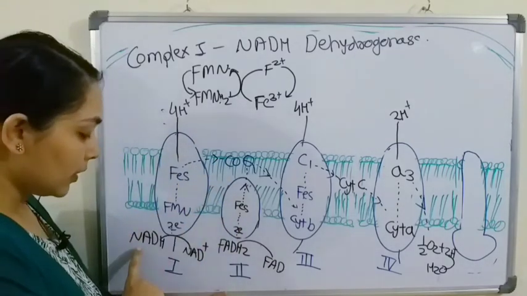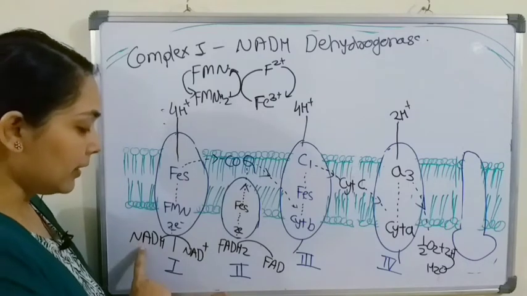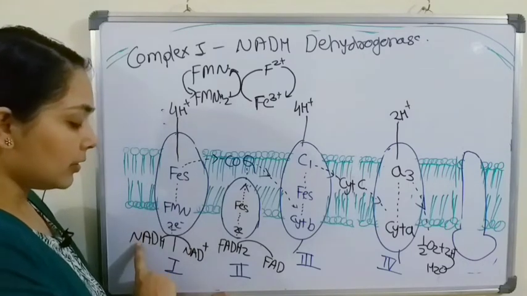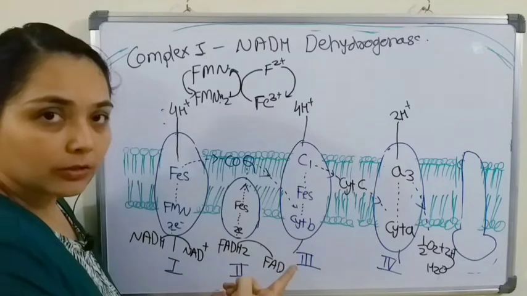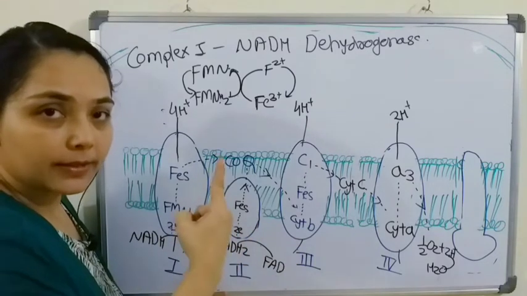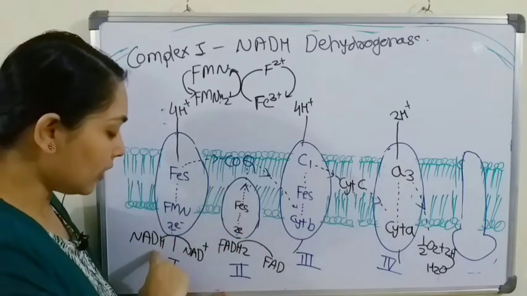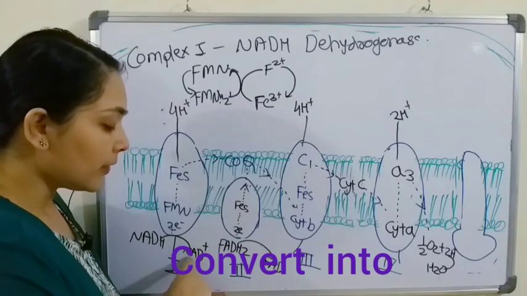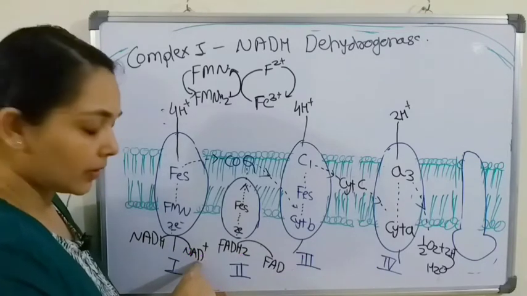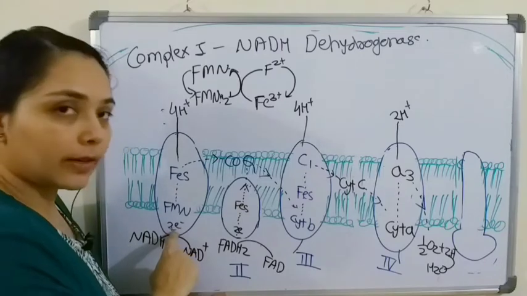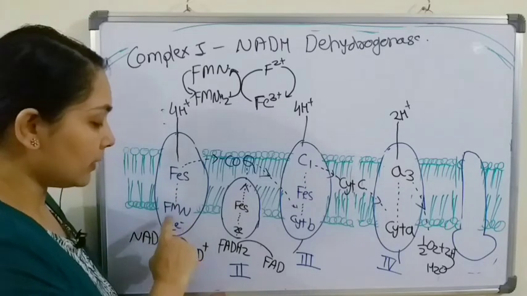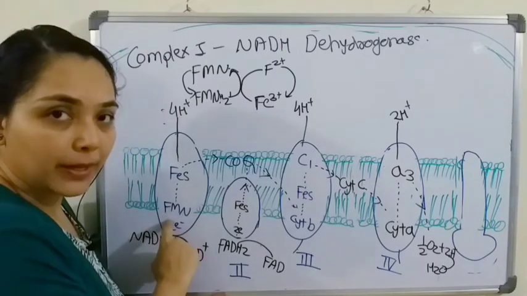Now what will happen when NADH donates its electron? It will oxidize. So NADH, after oxidizing, will be reduced to NAD plus, and these 2 electrons along with the hydrogen atoms will then pass to FMN.